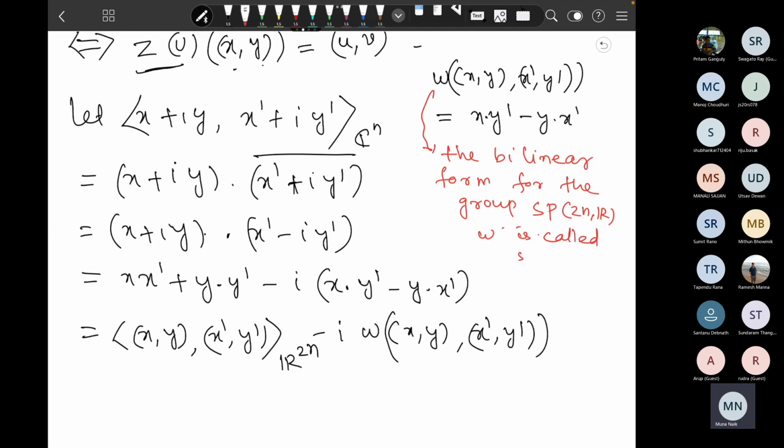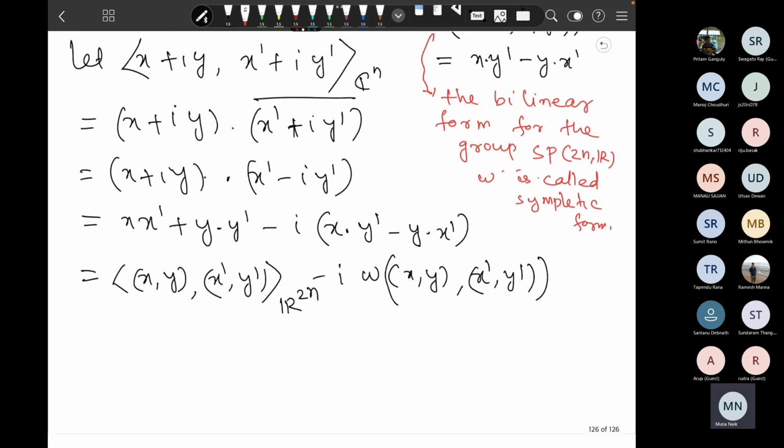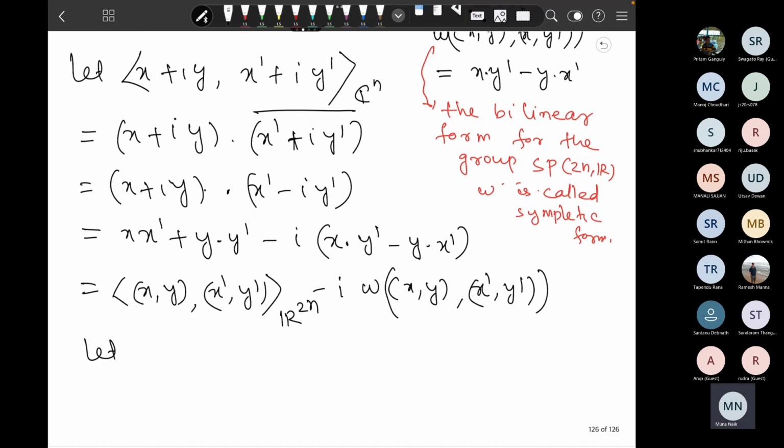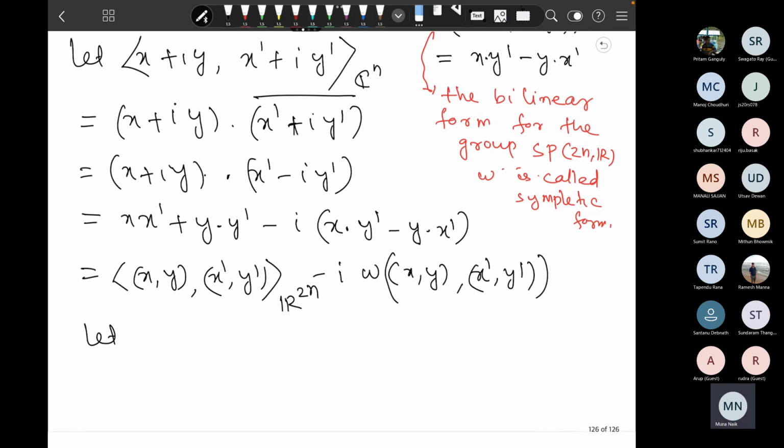Symplectic form, but we will come back to this group later. But this is the thing you should really remember. Now let us take this as star.